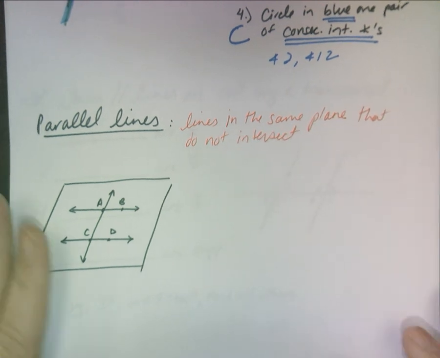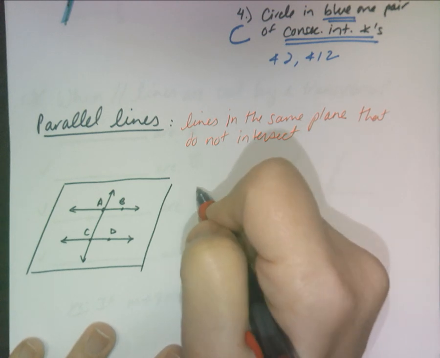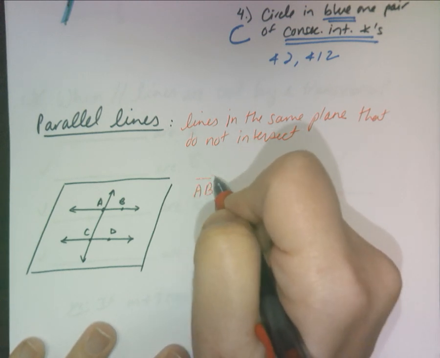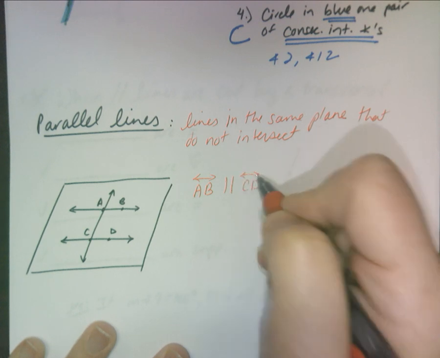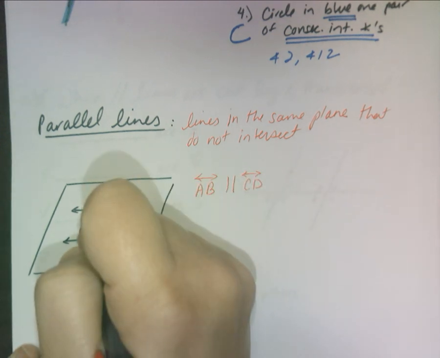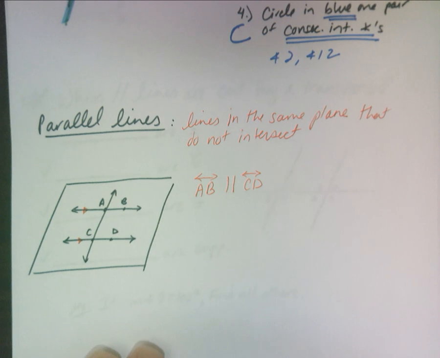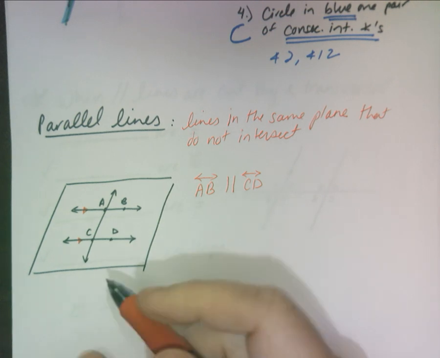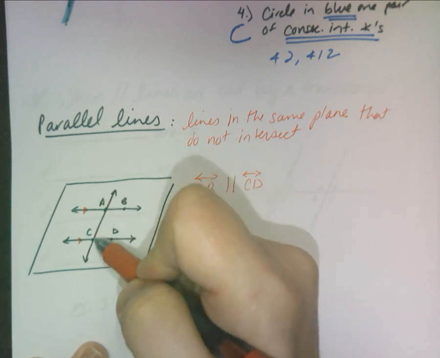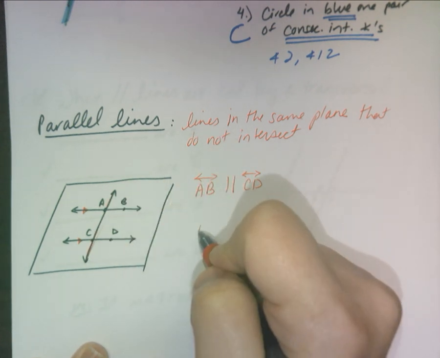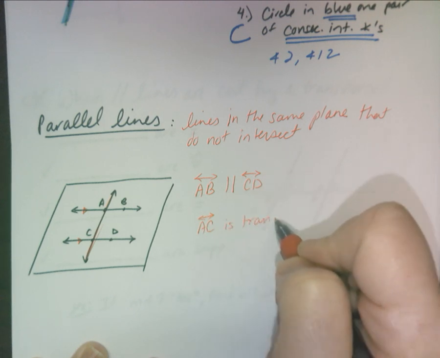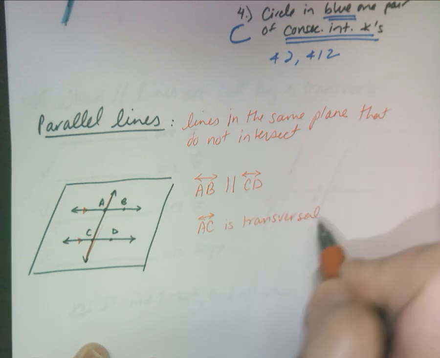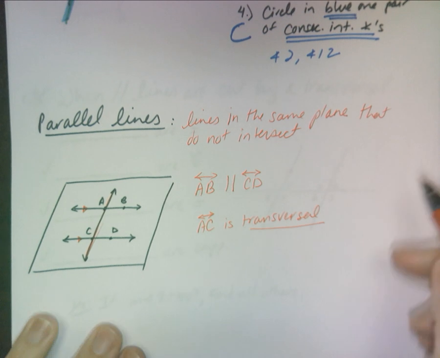So the way we write it, we would say line AB is parallel to line CD. And they actually draw these arrows just to show you that they're parallel. Look for those red arrows. That means that my transversal would be line AC, is the transversal. It's cutting 2 or more lines.